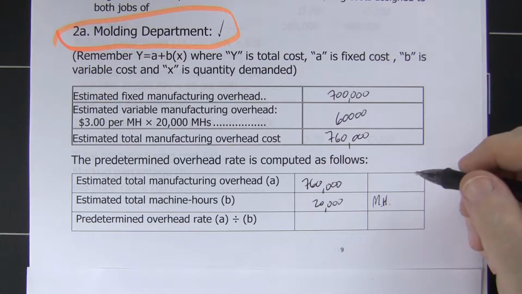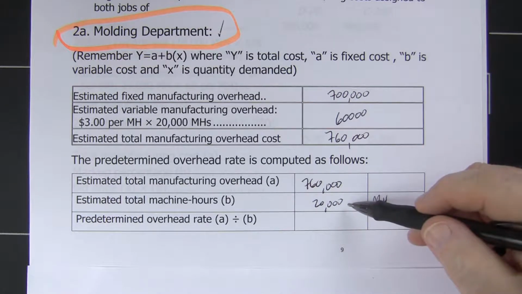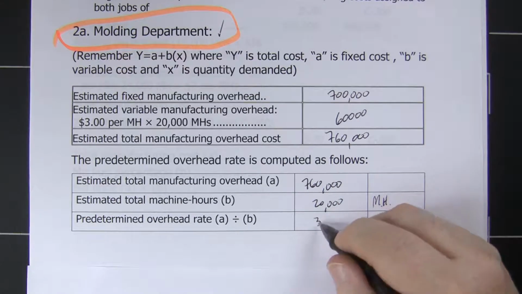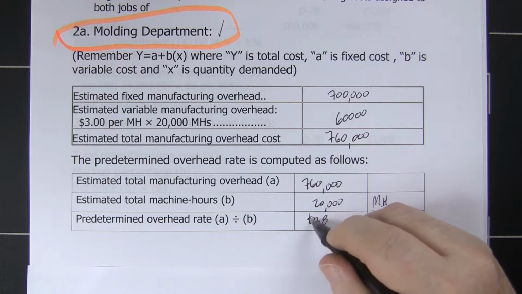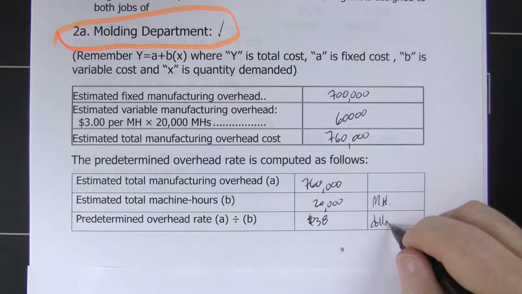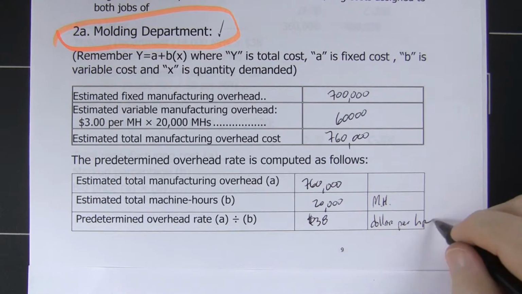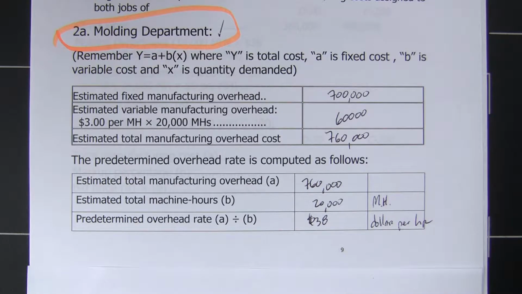So we're going to divide the overhead by the amount of hours, and we come up with $38 per hour. So that's dollars per hour for the molding department. We're going to then do the same exact thing for the fabrication department.